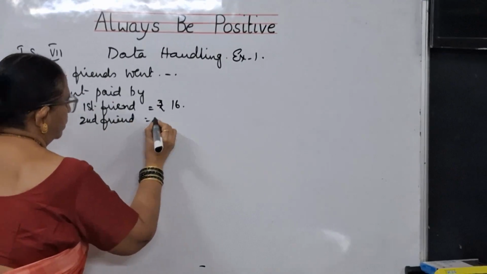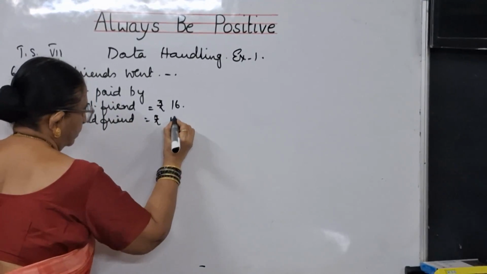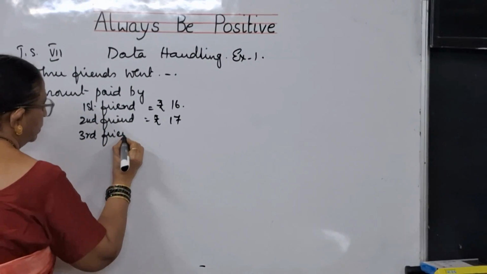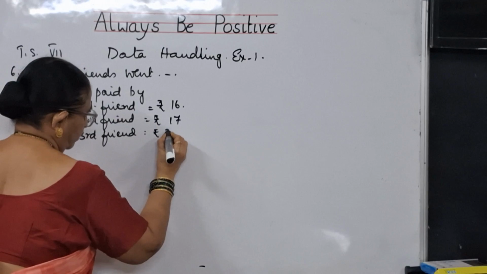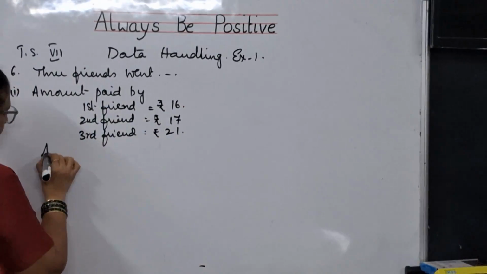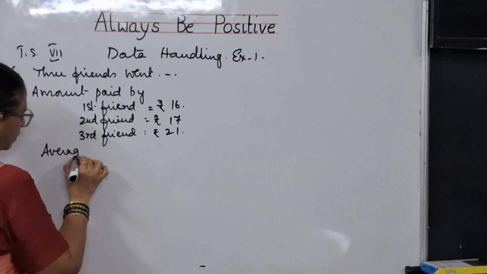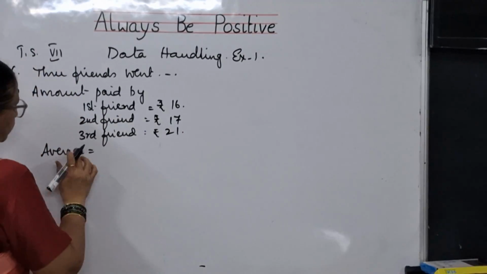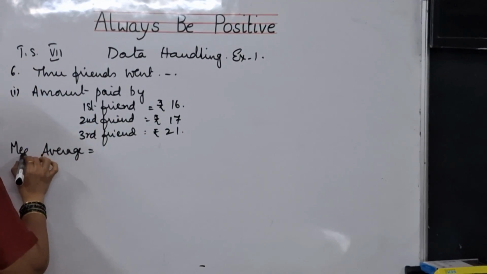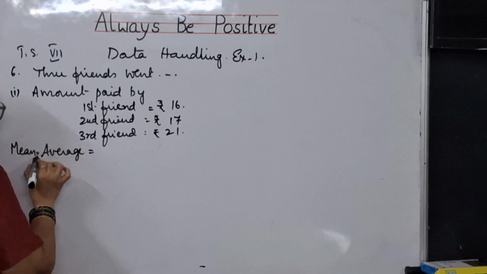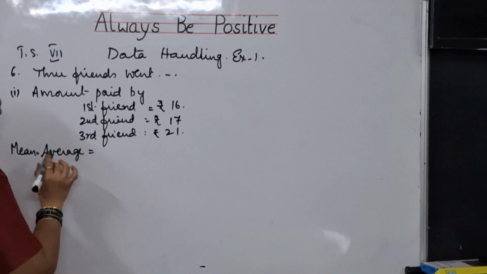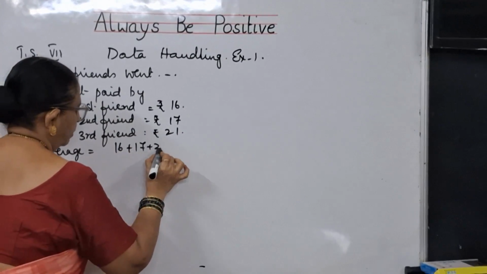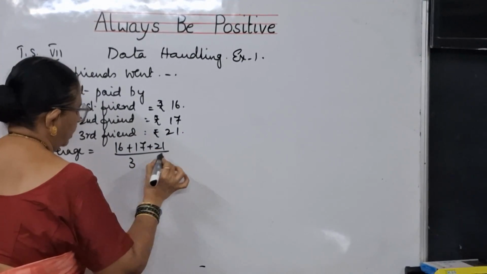Second friend is equal to rupees 17. Third friend is equal to rupees 21. So what is their average they are asking? Average is mean. Mean is nothing but average. That is 16 plus 17 plus 21 by 3.